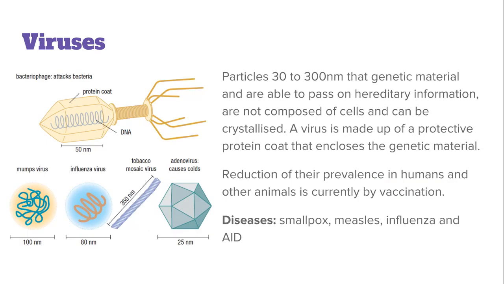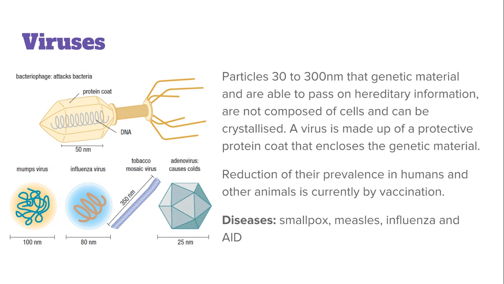We then move on to viruses, and they're particles which are between 30 to 300 nanometers, and they contain genetic material which is able to pass on hereditary information, and they can be crystallized. So a virus, we can see on the diagram on the left, is made up of a protective protein coat, and that encases the genetic material.